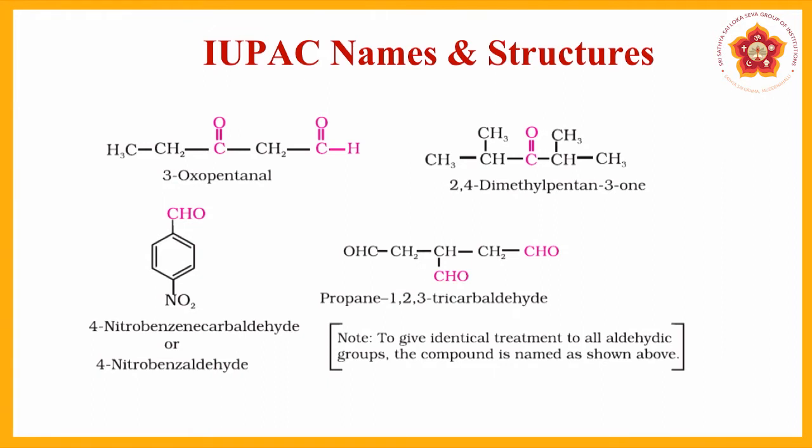4-nitrobenzaldehyde, because the benzene ring with the aldehyde group can be called benzaldehyde. This is the benzaldehyde compound, and if at the 4th position we introduce a nitro group, because here the numbering will be 1, 2, 3, 4, at the 4th position the availability of nitro indicates that it is 4-nitrobenzaldehyde.